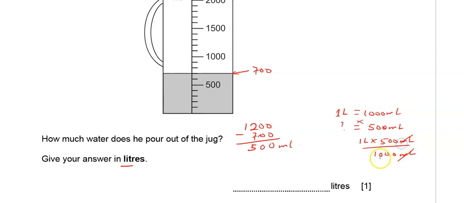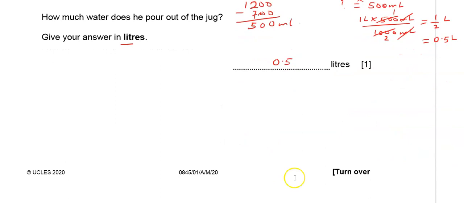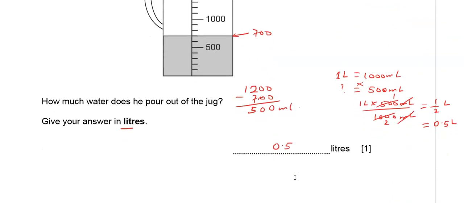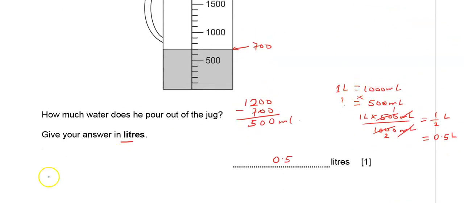The milliliters cancel. Of course, 500 goes twice into 1,000, so 0.5 liters. So 0.5 liters is what he poured out.